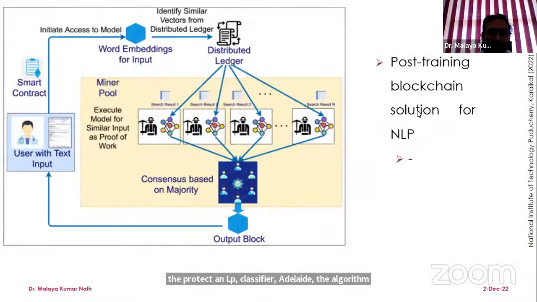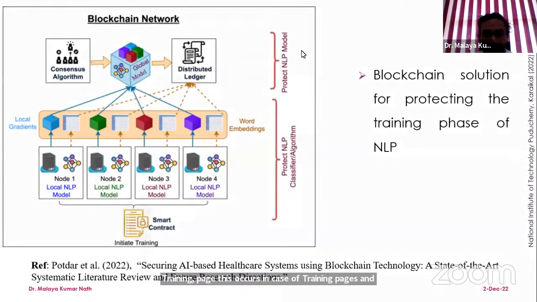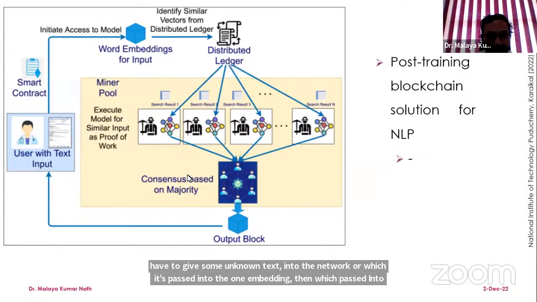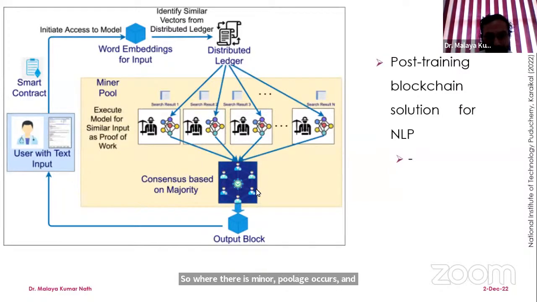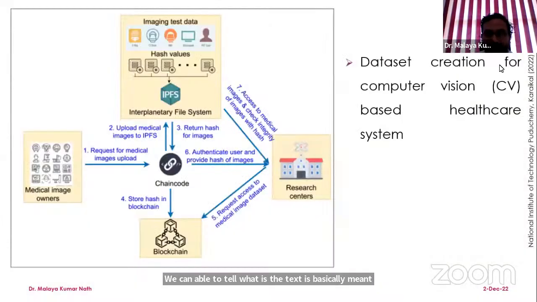Similarly, this occurs in the training phase, and in the post-training phase, that is called the testing phase, we have to give some unknown text into the network, which is passed into the word embedding, then into the distributed ledger, where mining occurs, and based on majority consensus, we are able to tell what the text is basically meant for.